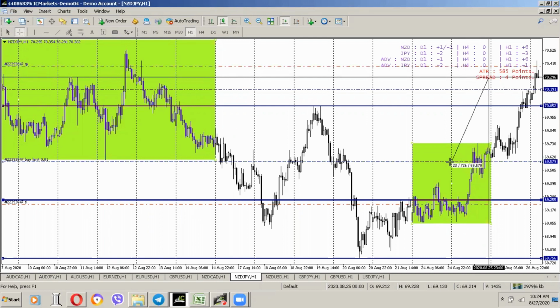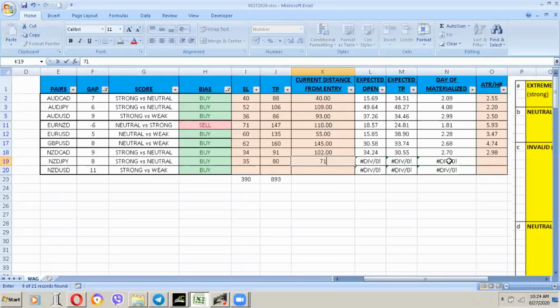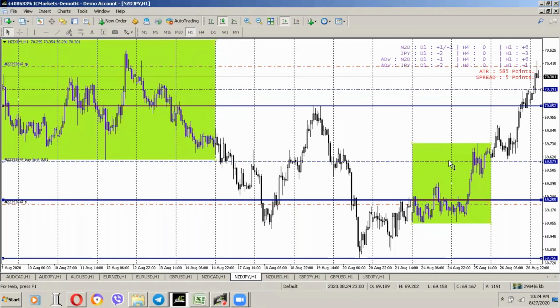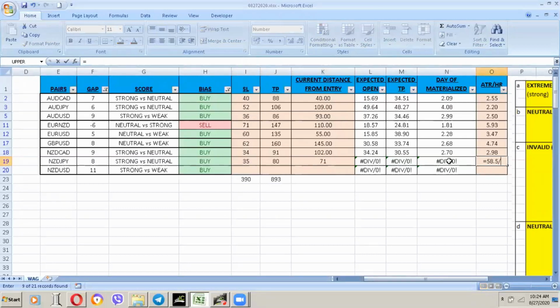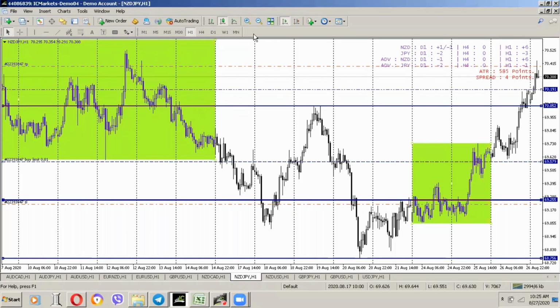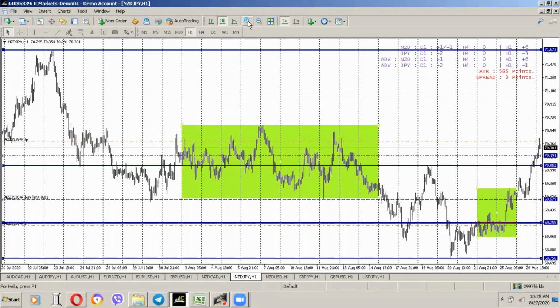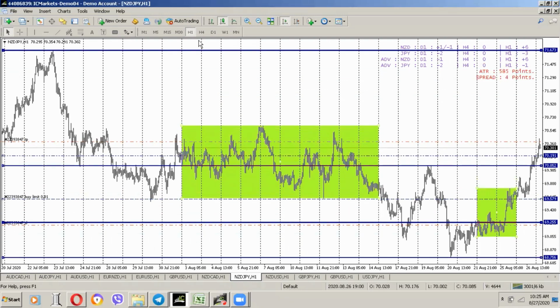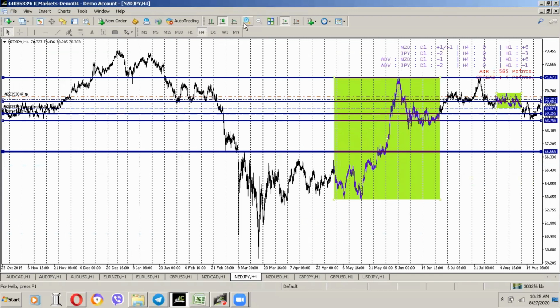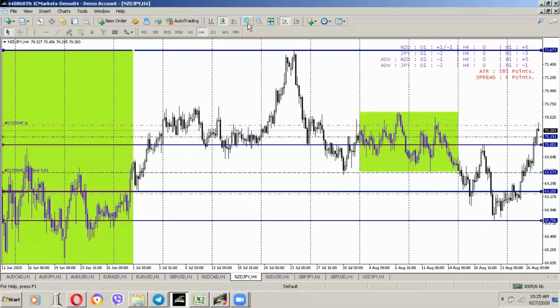Current distance from entry, we have 71. And then ATR per hour, we have 50. And then lastly, we have NZDUSD. For the market structure of this, we have ranging for this one.